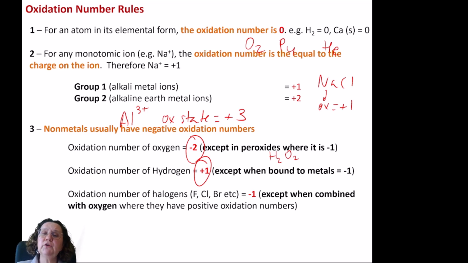So when you have what we call hydrides, and I'm talking about compounds like, for example, sodium hydride or calcium hydride, here the oxidation state of that hydrogen is -1, because it's attached to an element that has an even stronger tendency than hydrogen to lose control of 1 electron. So in most compounds, the oxidation number of hydrogen is +1.